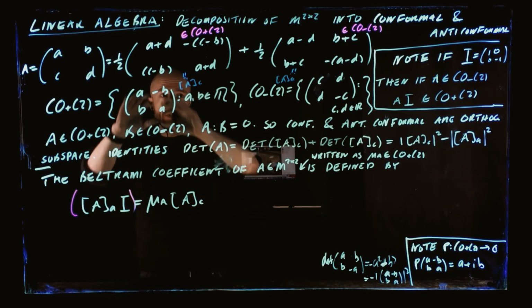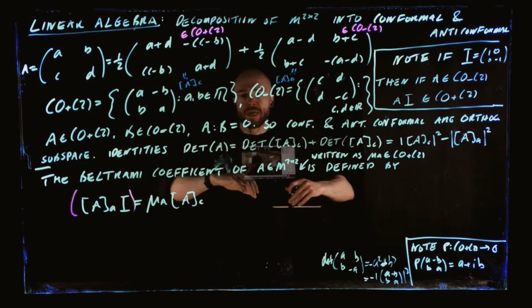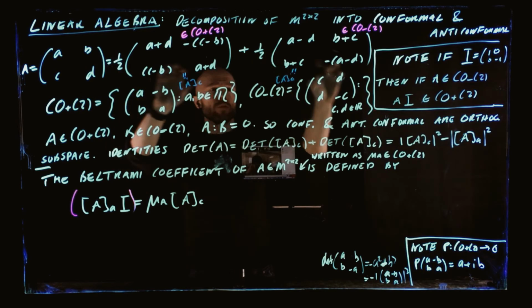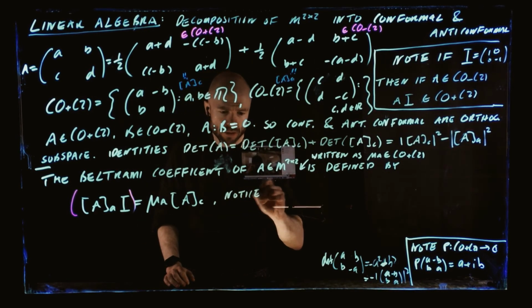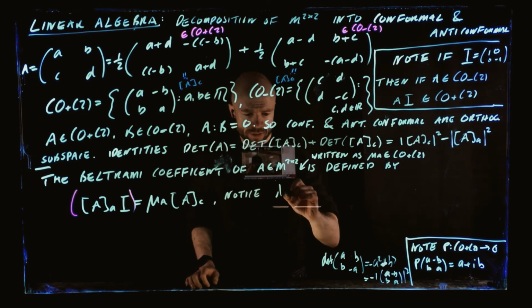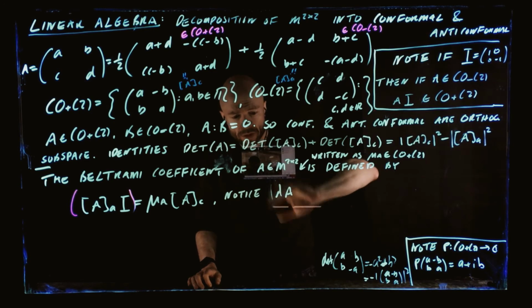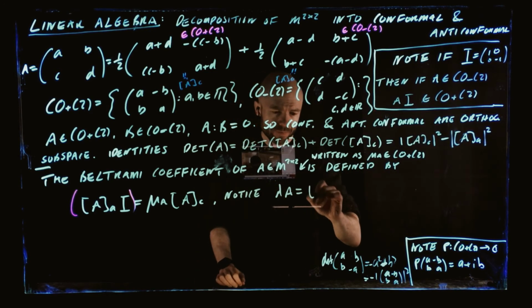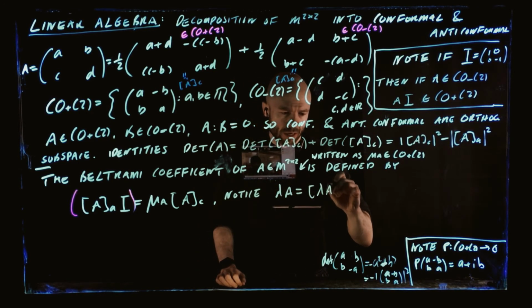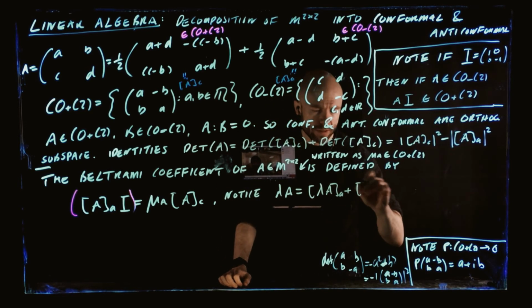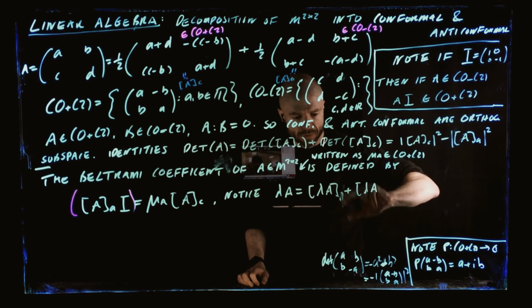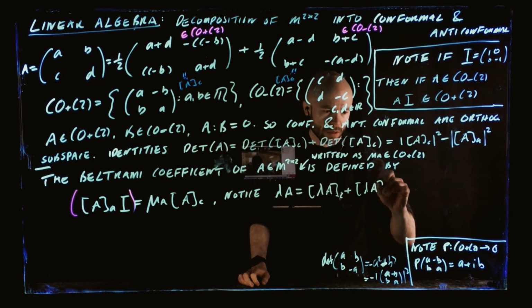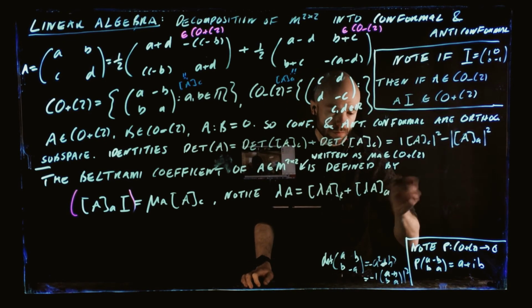And this is a linear operation, so this is a linear projection. So notice that if we take lambda times A and do the decomposition, it's lambda times A conformal plus lambda times A anticonformal.